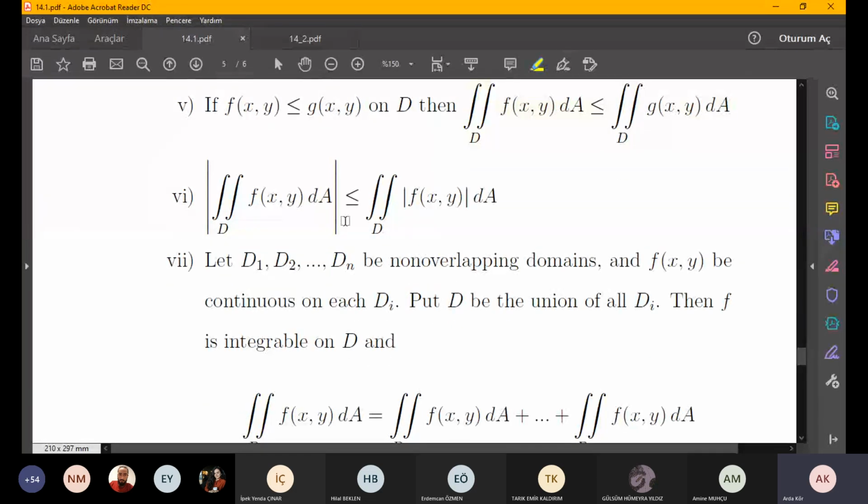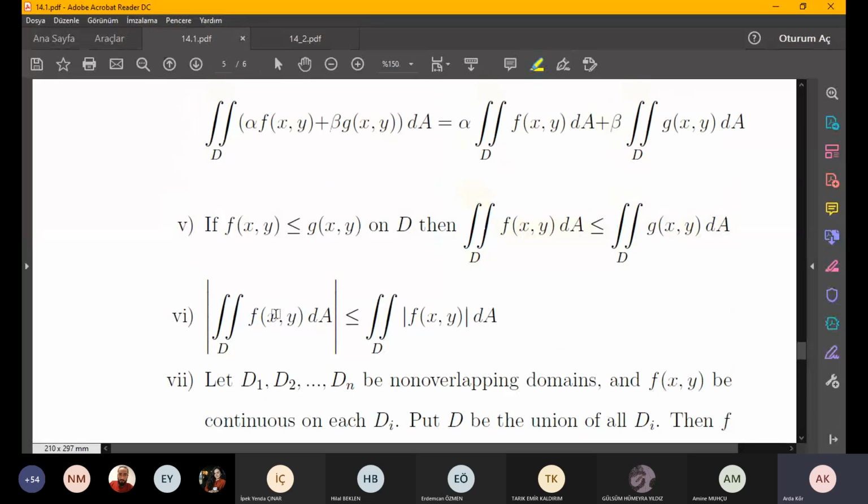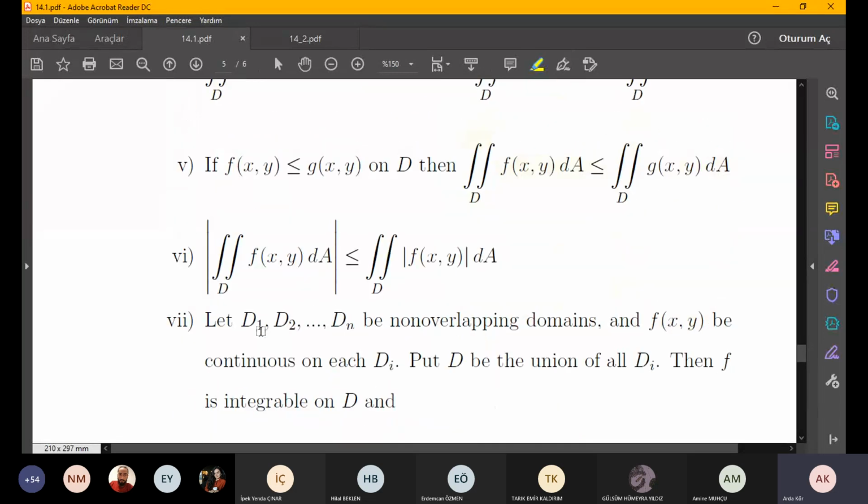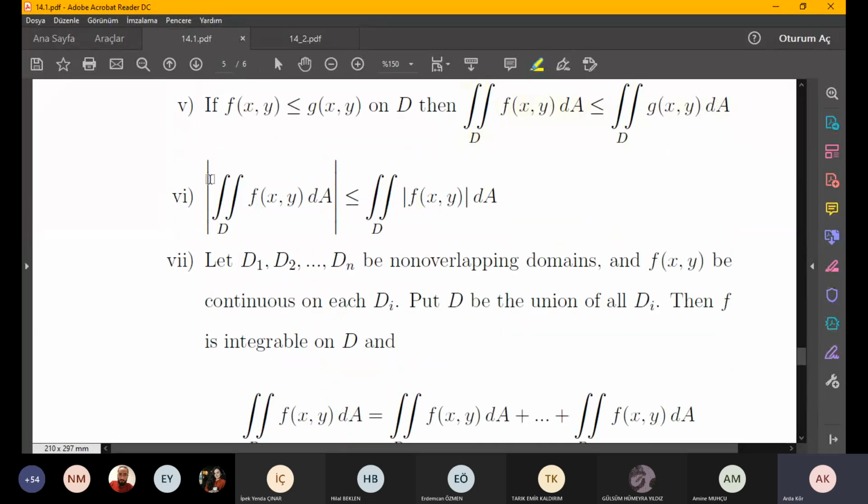And the sixth property for double integration: the absolute value of the double integral of f(x,y) over D is smaller than or equal to the double integral of the absolute value of f(x,y) over D. Again, this we have seen for the definite integral.